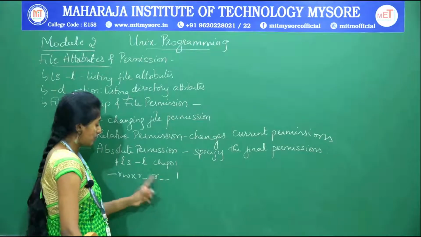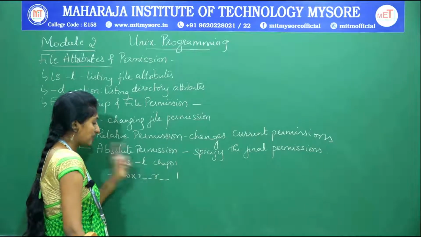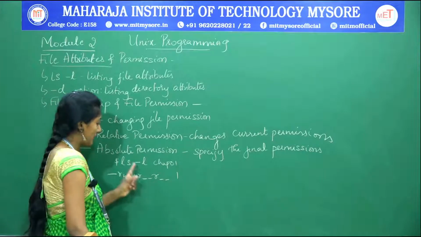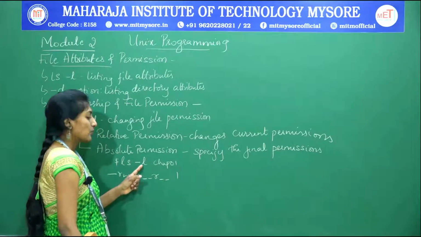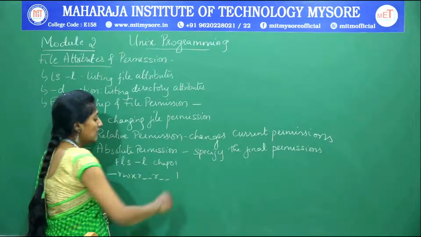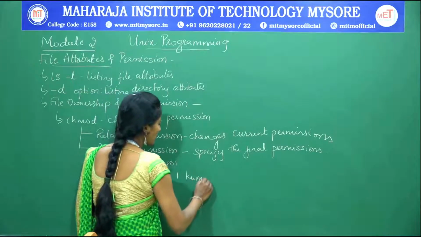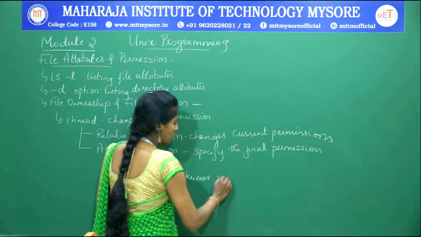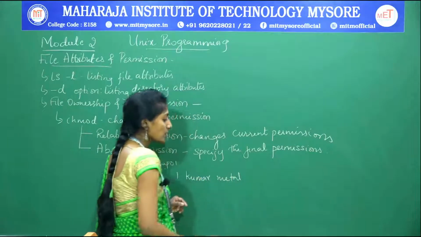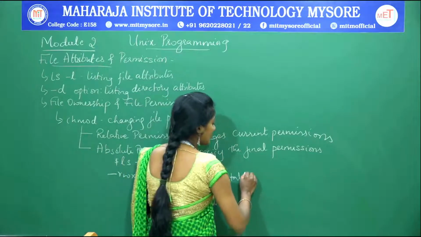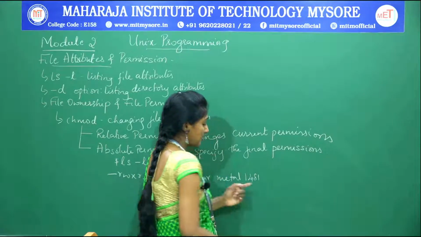The permissions and attributes of that particular file will be displayed in this format if you execute ls with the option -l. This belongs to some user, then to some group, followed by the size of that particular file.